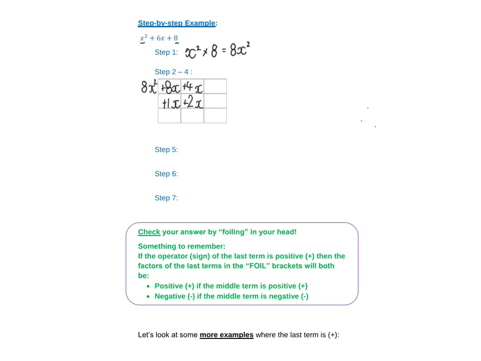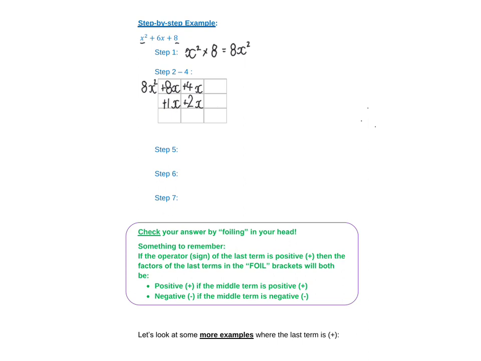So if the middle term is positive, and here it is at the bottom, if the middle term is positive, you use positive in your table. If the middle term, that gives you the clue as to what signs to use. Because if you're going to add these numbers, if I add a positive and a positive number, the answer will be positive. If I add a negative and a negative number, the answer will be negative, right? So this only applies to when there is a positive last term.